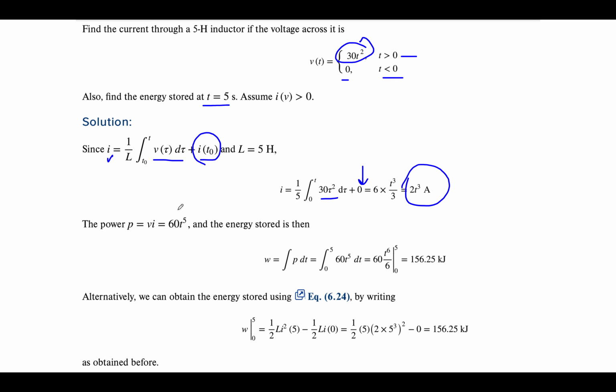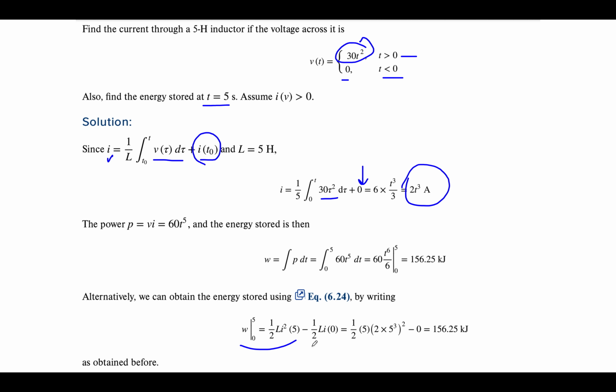So the power is V times I, or 60t to the 5th. We can calculate the stored energy by integrating. Now, I wouldn't do that. I would use the fact that the energy is 1/2 Li squared, and I would calculate it that way.